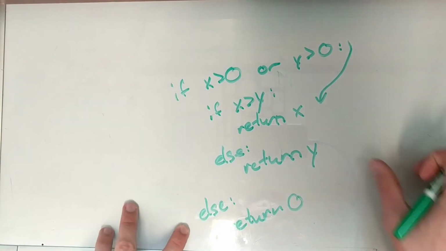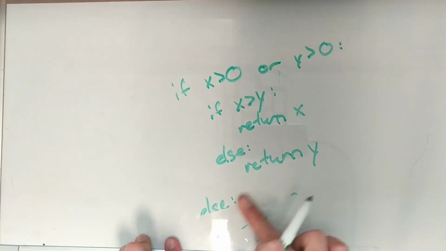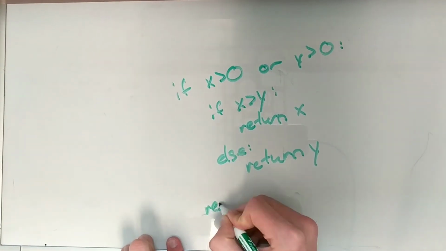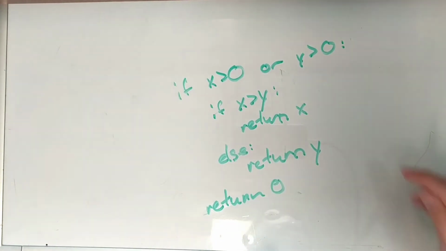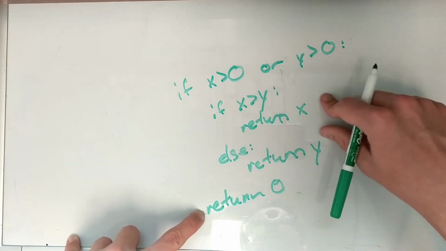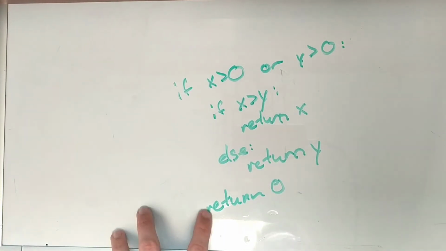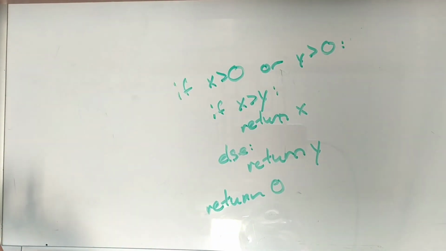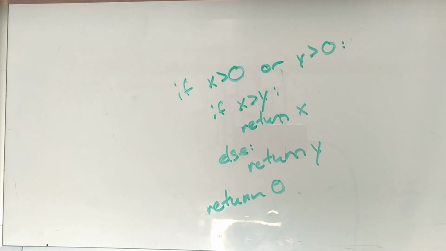So rather than saying else return 0, we can just say return 0. Because if it returns x or y, it will never reach this return statement because it will already have jumped out of the code. The only time it will reach this return statement is if it's going to return 0 anyways. So you can add that else if you want to, but this is another way of writing it.